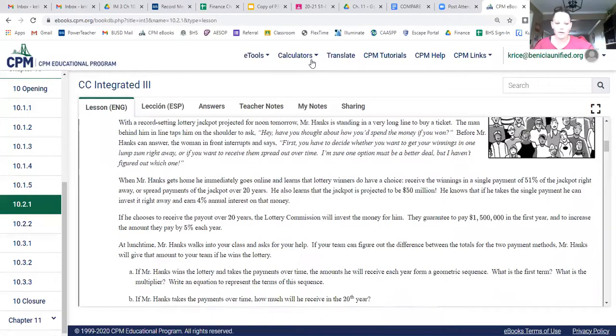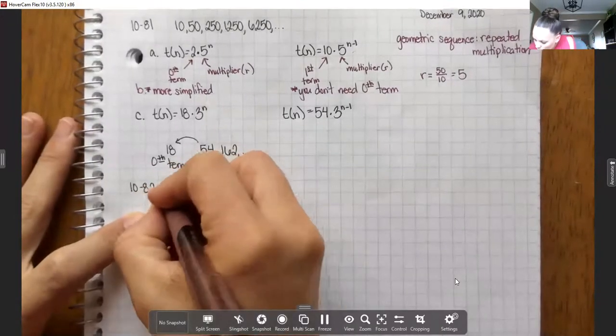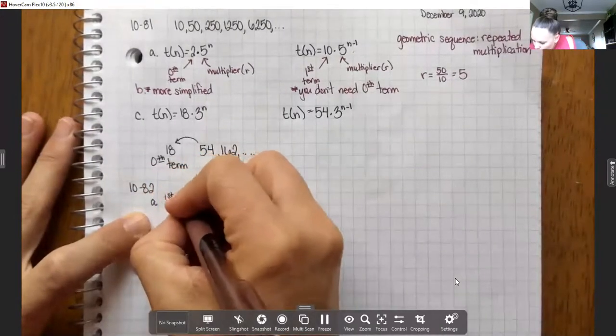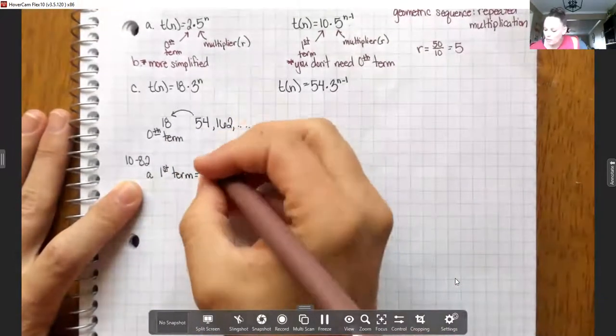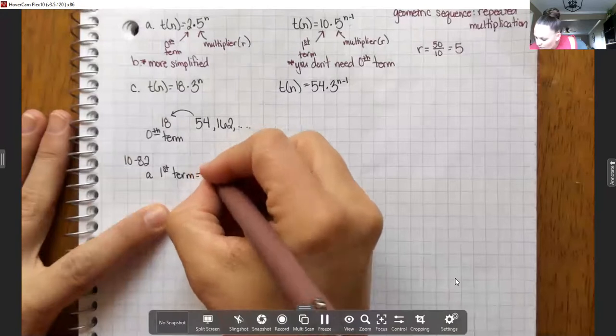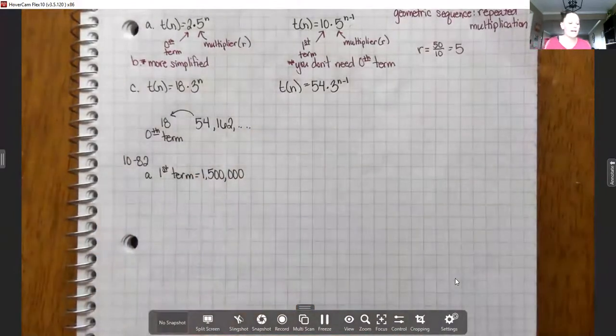All right, so let me go back to my screen. Again, what is the first term? The first term here would be 1,500,000, because that's what it tells you he would get in that first payment.